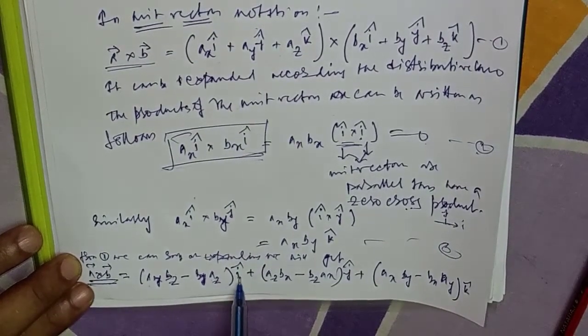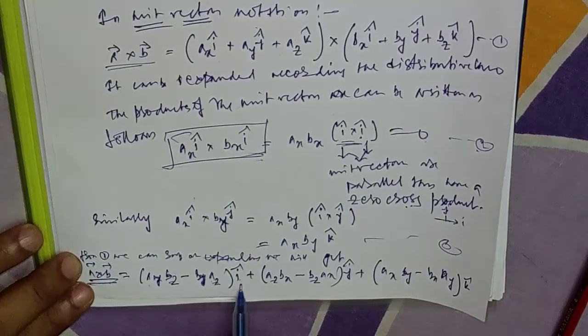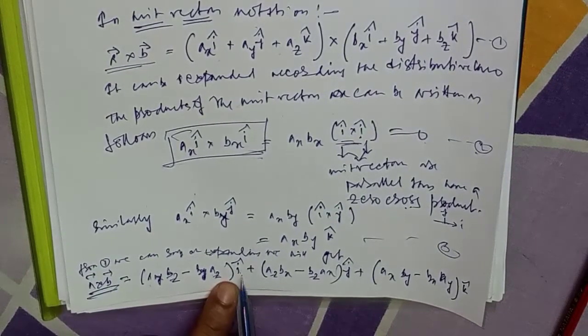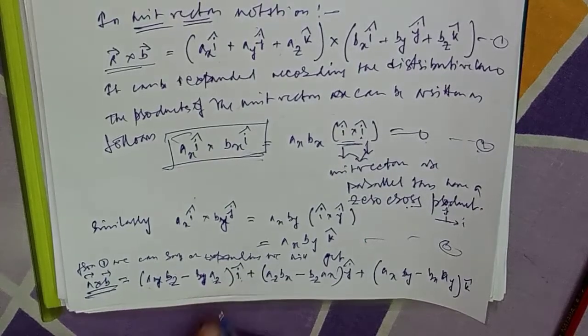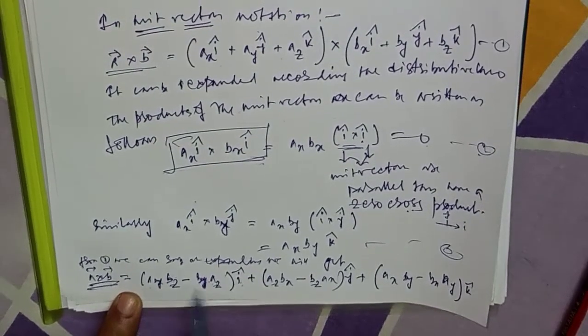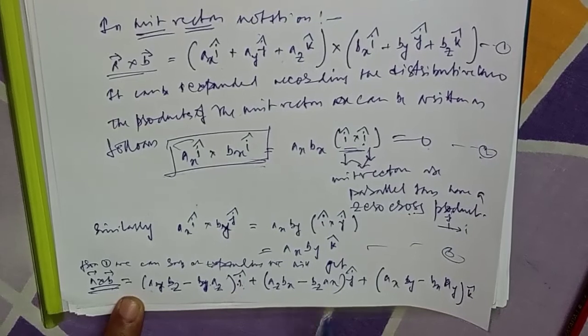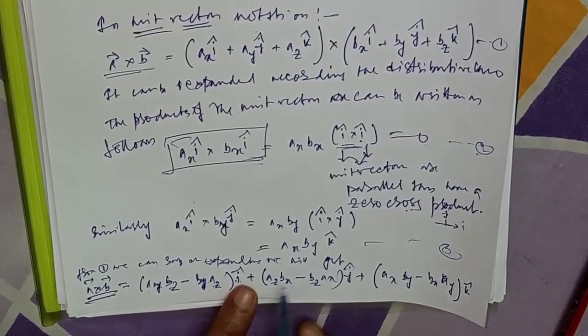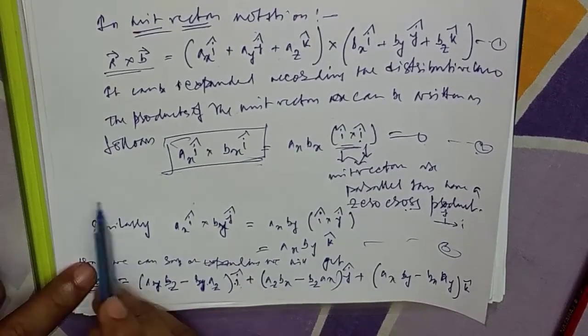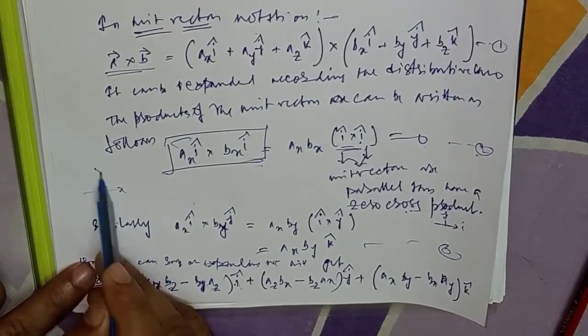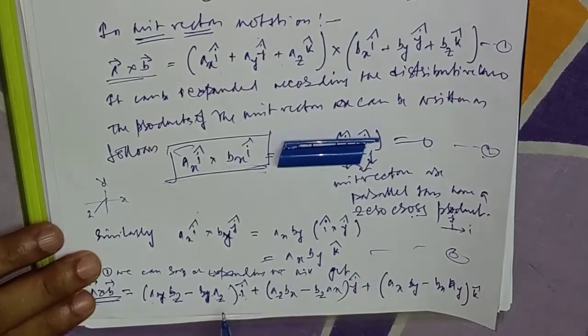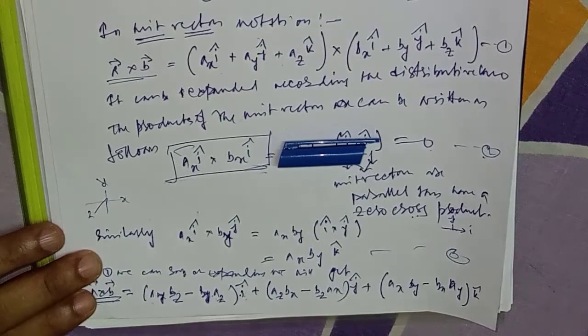For the i, we have y, z. Keep it in mind always: here no x notations are there for the case of i. For the case of j, no y notations are there, because we know this is x, this is y, this is z. So this is a thumb rule.